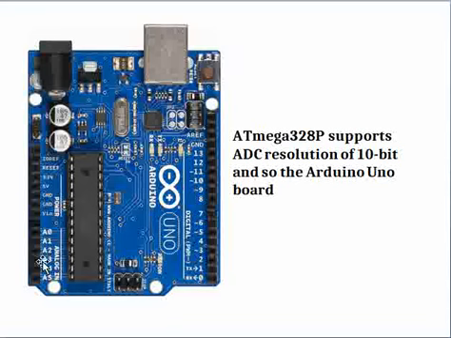So the resolution determines the minimum variation of the ADC value, the analog value, which can be read by the particular device, right? So this particular ATmega328P supports an ADC resolution of 10-bit, and hence Arduino Uno supports a 10-bit resolution. So that's a very important point to remember.